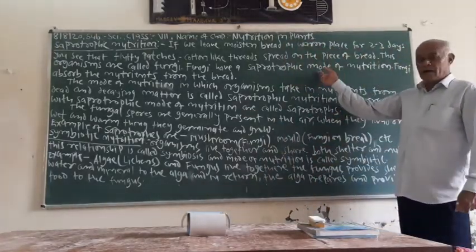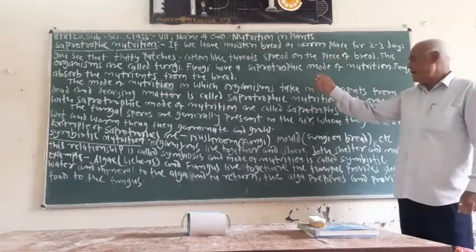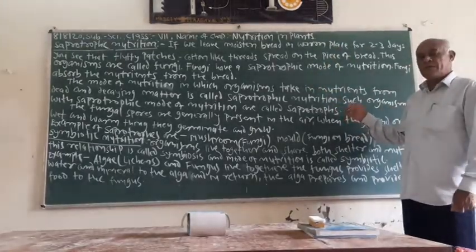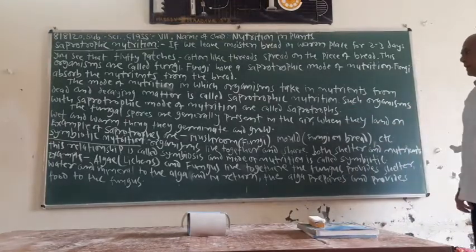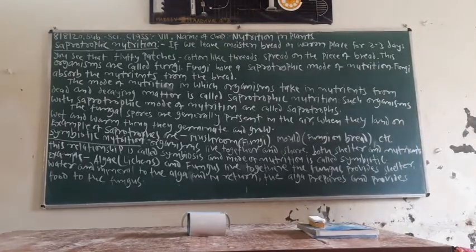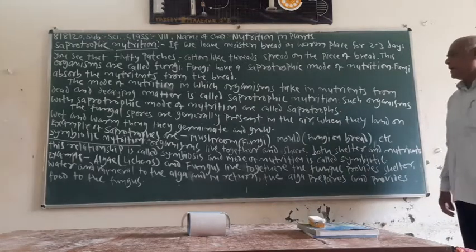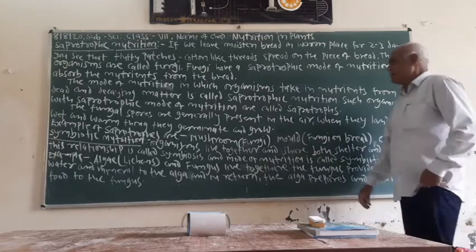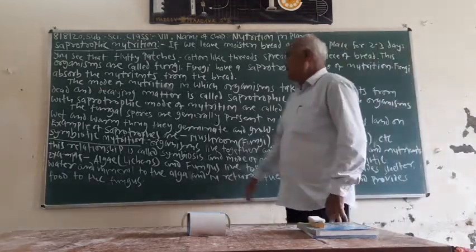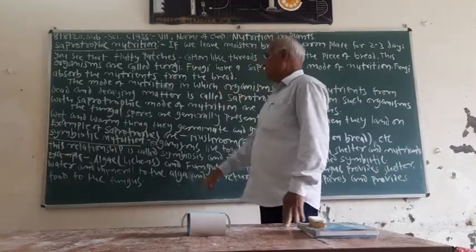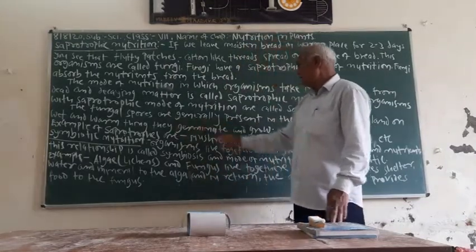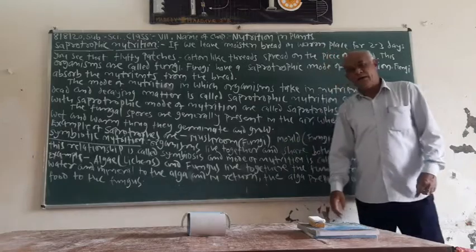So, here the fungi are an example of saprotrophs because they receive their nutrients from decaying matter, the bread. The fungal spores are generally present in the air.